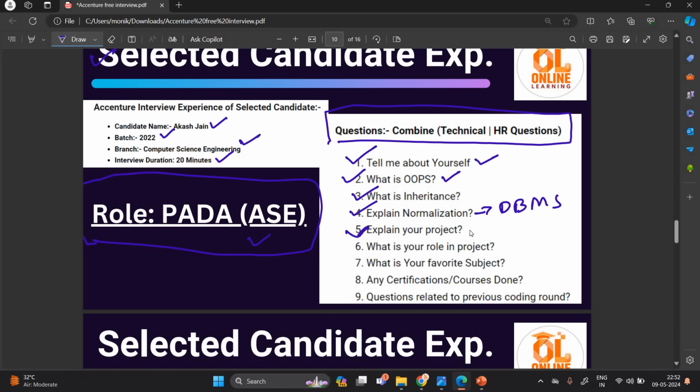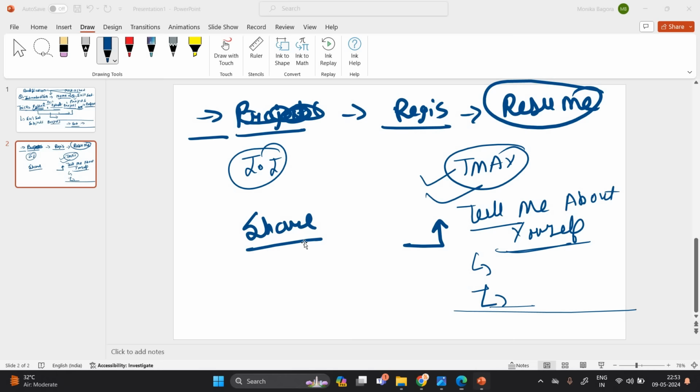Explain your project. Look, as soon as they asked about the project, questions started coming from here. What is your role in the project? What is your favorite subject? Any certification courses done? Questions related to the previous coding round. This is one of the most important points. How many questions will they ask related to coding?